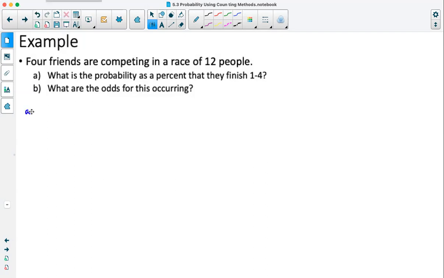Now, part A, we can actually solve with both combinatorics or permutations. So I will show how to do it each way.